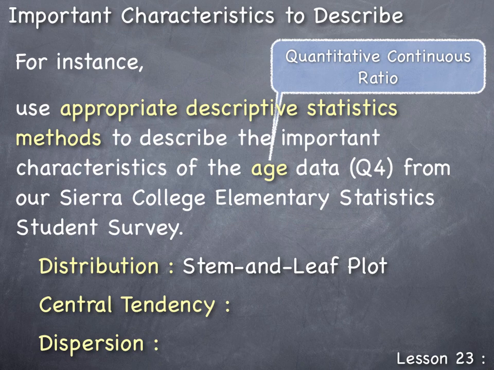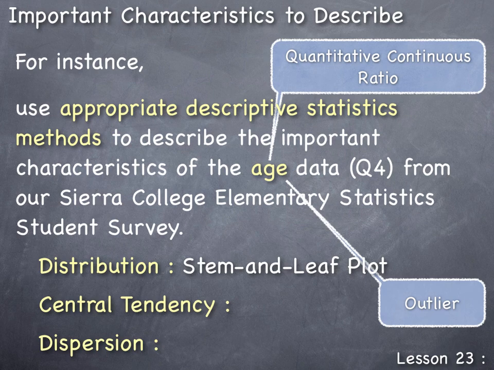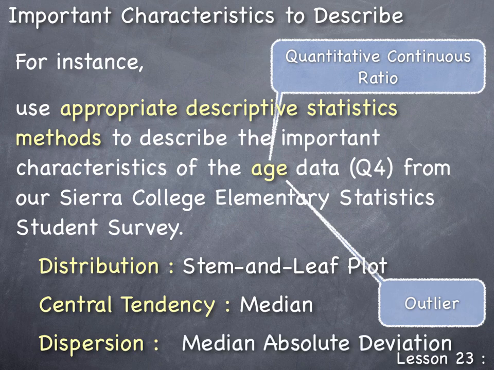And if you recall in a previous example, we've determined that there was an outlier in the age of Sierra College Elementary Statistics students. So the appropriate descriptive statistics method that's used to describe the central tendency of quantitative data that includes outliers is the median. And the appropriate descriptive statistics method that's used to measure the dispersion of quantitative data that includes an outlier is the median absolute deviation.